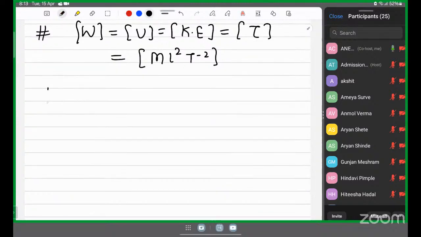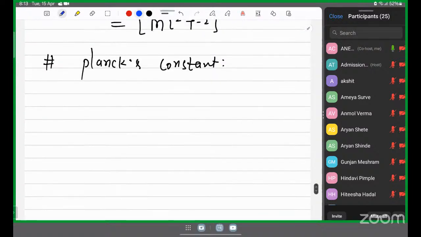Next, find the dimensional formula for Planck constant. So give me a relation which will connect Planck's constant with a physical quantity. Planck's constant is obtained in Planck's quantum theory, which states that energy of a single photon E is equal to h times nu, where h is Planck's constant and nu is its frequency.